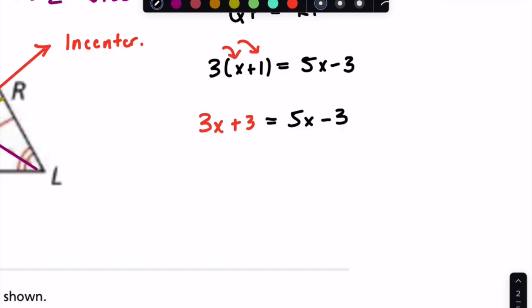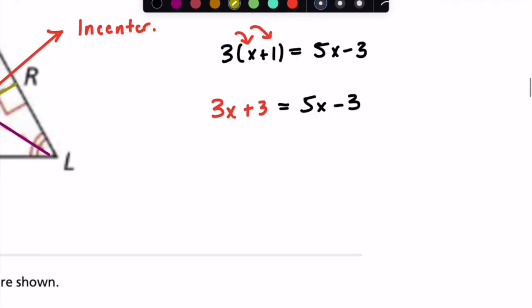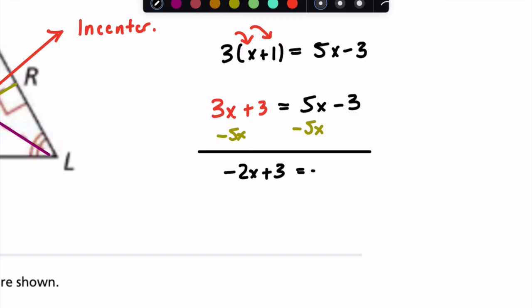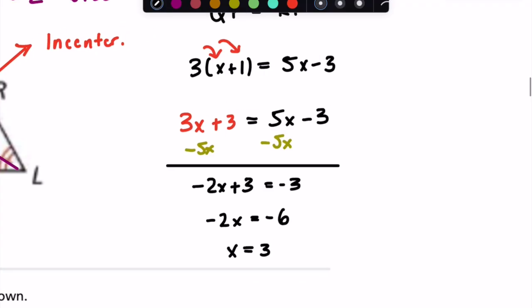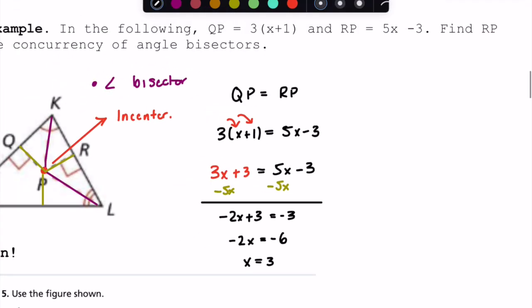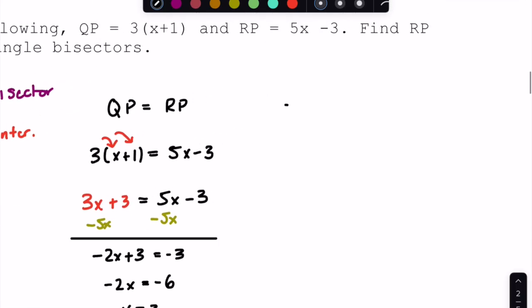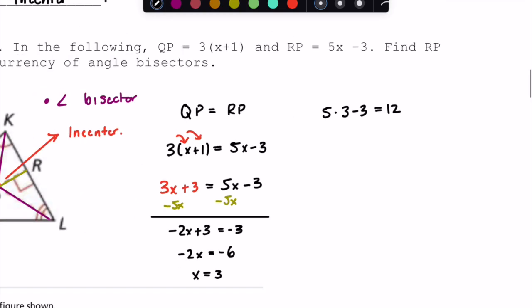Let's subtract 5x from each side. That's negative 2x plus 3 is equal to negative 3. So negative 2x is equal to negative 6, and x is equal to 3. The problem is asking us to find RP, so I substitute that into the expression: 5 times 3 minus 3 is 12.